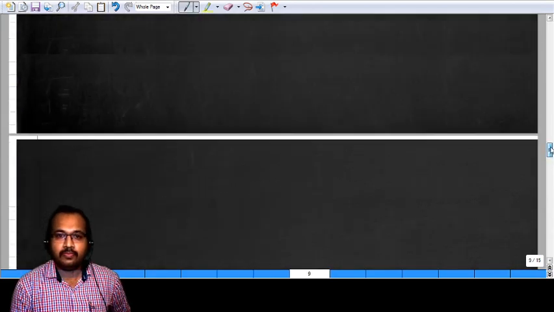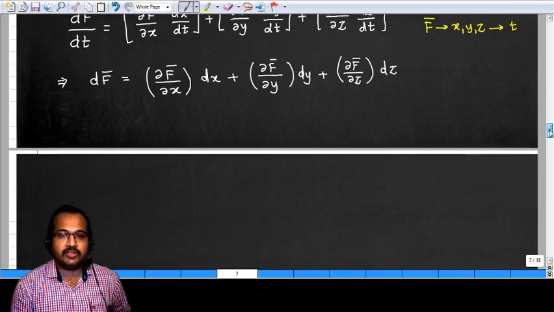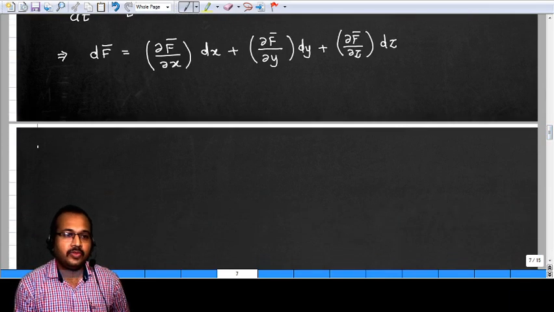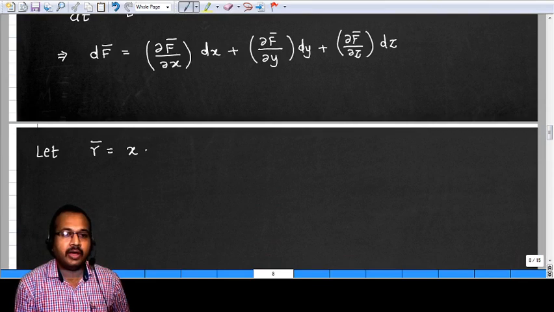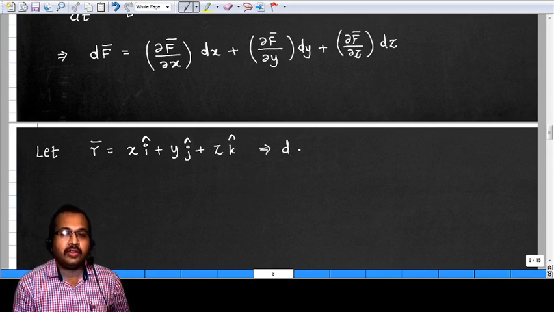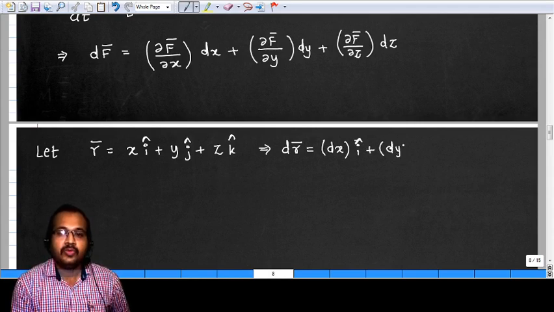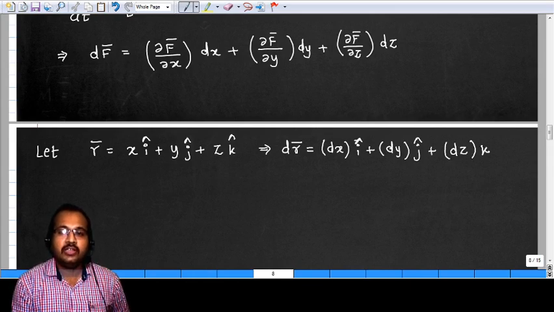If we generalize, let r bar be a vector defined by x i bar plus y j bar plus z k bar. We can consider dr bar equal to dx i bar plus dy j bar plus dz k bar; sorry, unit vectors are denoted by cap.